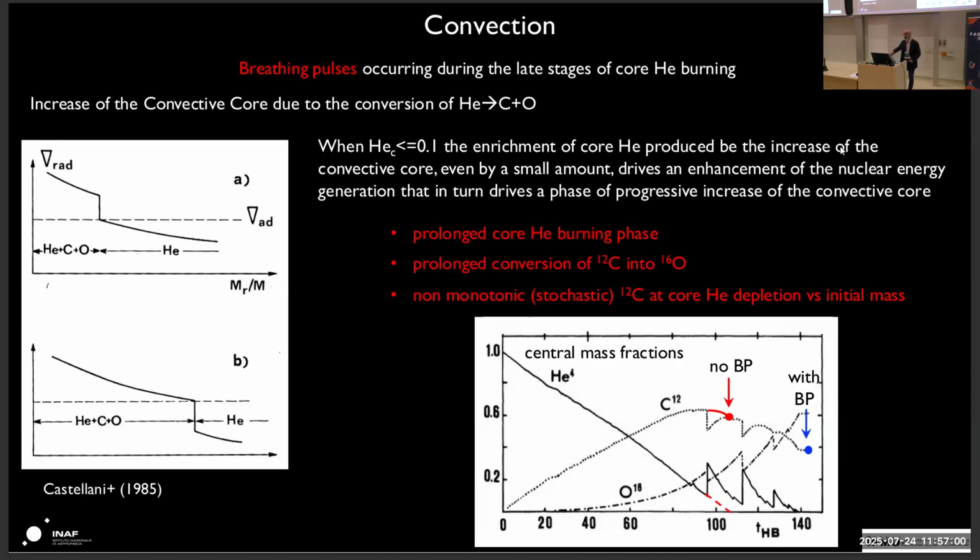You see that you have these spikes here, because once carbon-12 is going to decrease during the late phases of helium burning, it is ingested again because of new ingestion of helium. So you have a prolonged conversion of carbon-12 into oxygen. And this also implies a non-monotonic or stochastic, I would say, carbon-12 left by the core helium burning.